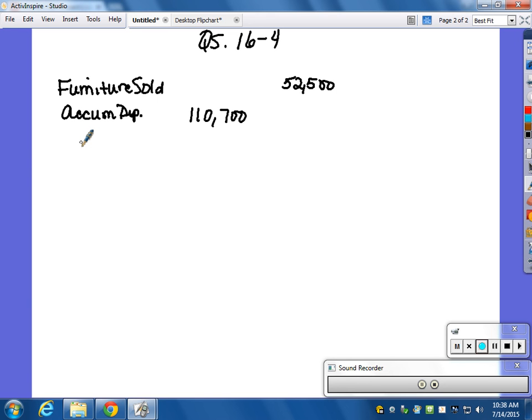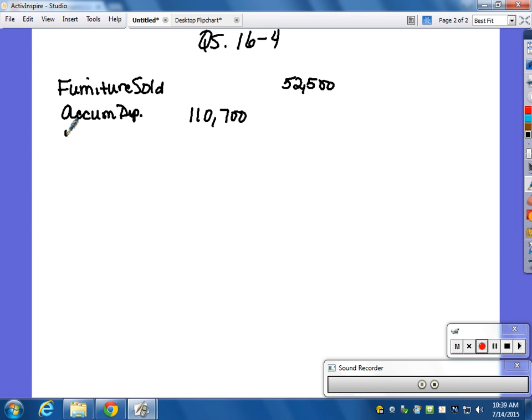Depreciation, yeah, it's a decrease. I said your depreciation expense. The income statement reports depreciation expense for the year 18,000.